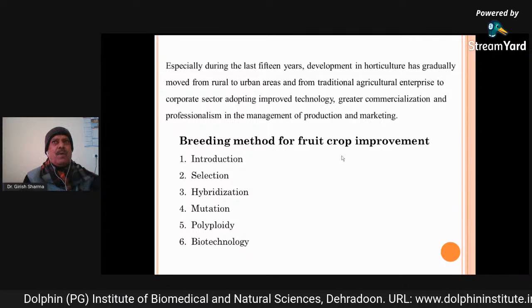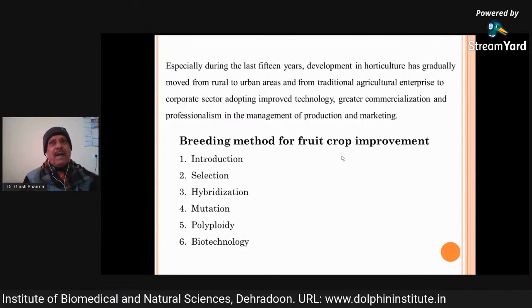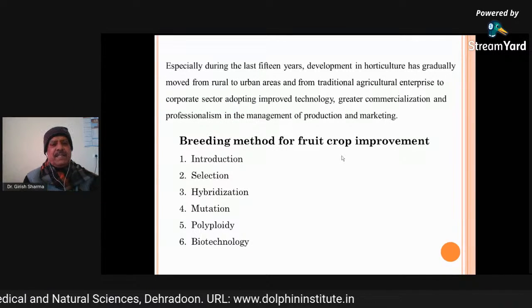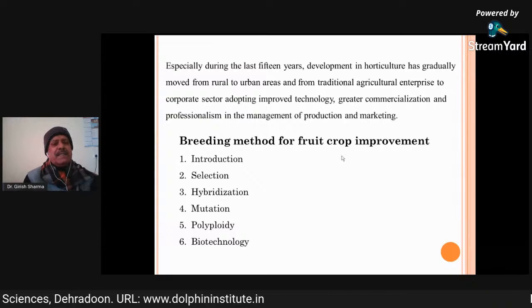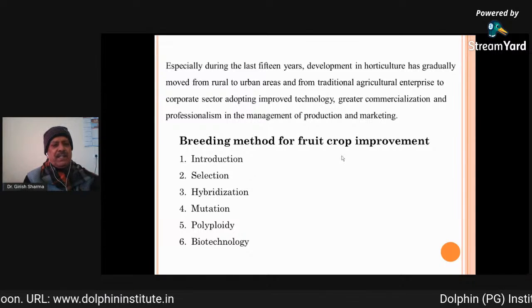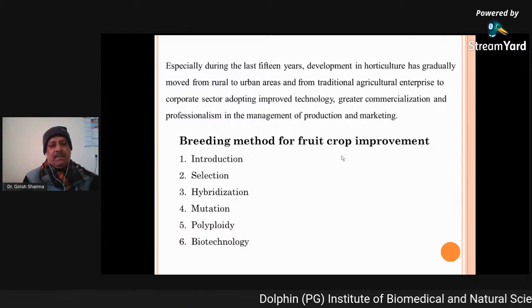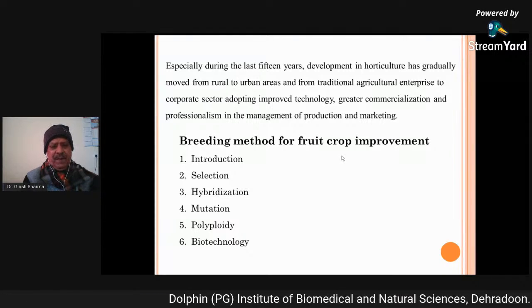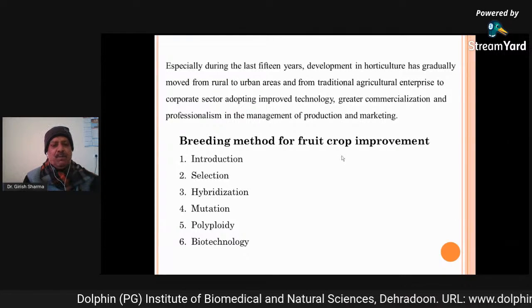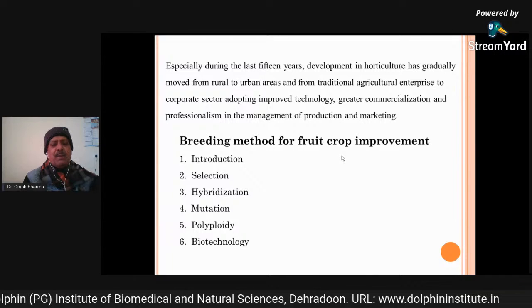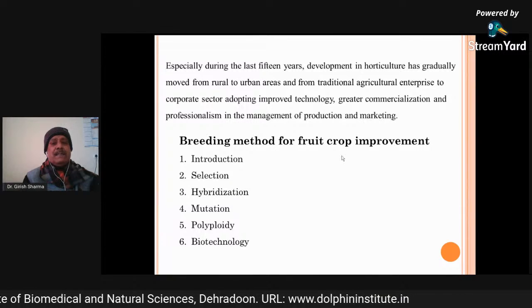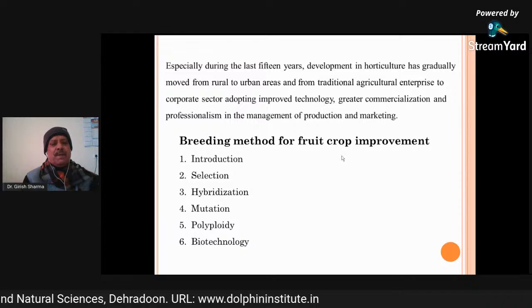Now, through biotechnological techniques, these chimeras can easily be seen at early stages, and they can be rogued out from further multiplication. Following this difficult path is polyploidy, again a very tedious job.